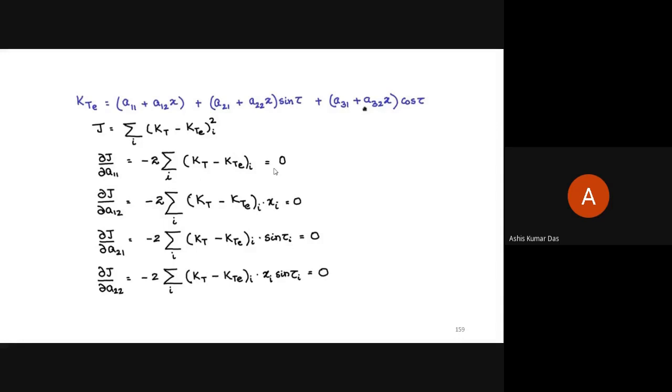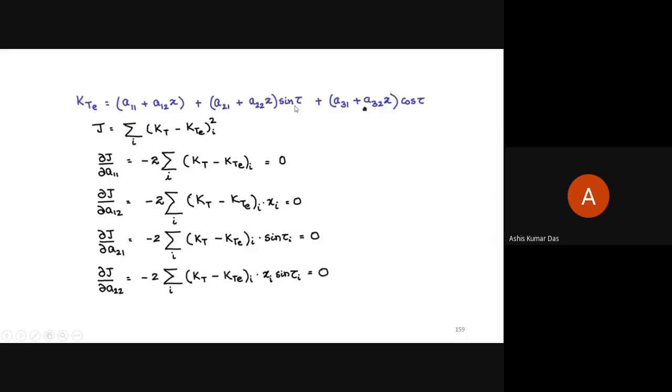Now we do it for the other parameters: del J by del a12, del J by del a21, del J by del a22, del J by del a31, del J by del a32, and for all these cases we make it 0. For the second term we have x, so it comes with xi.